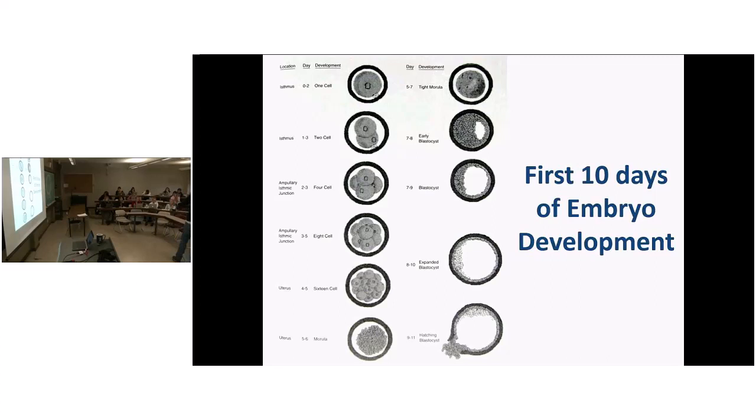Allantois, chorion, chorioallantois. There's all this of what we call extraembryonic membranes because they are membranes that are not necessarily part of the embryo, but they grow around the embryo for various reasons.